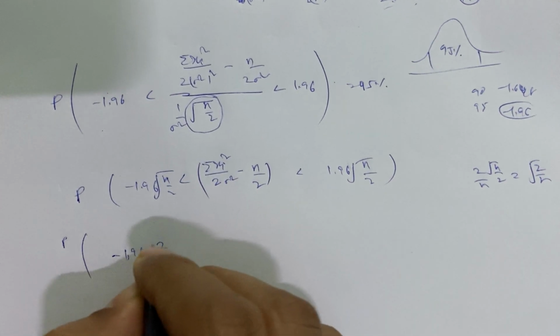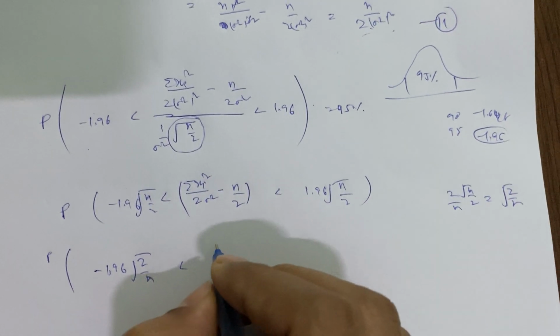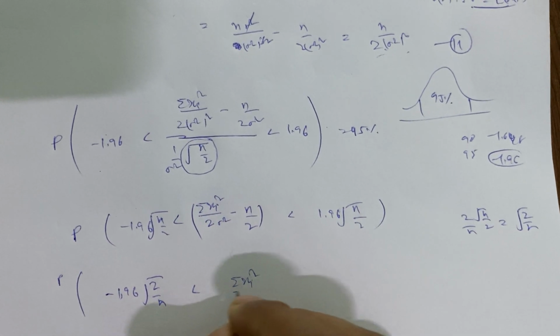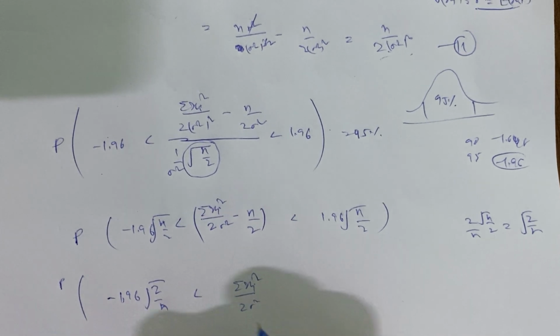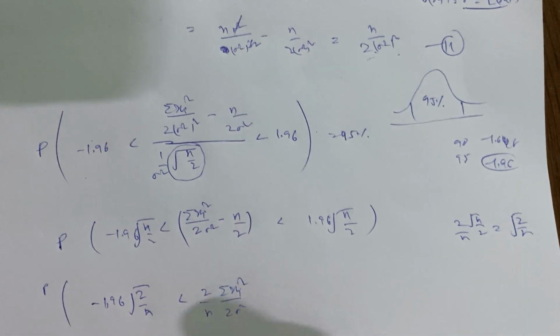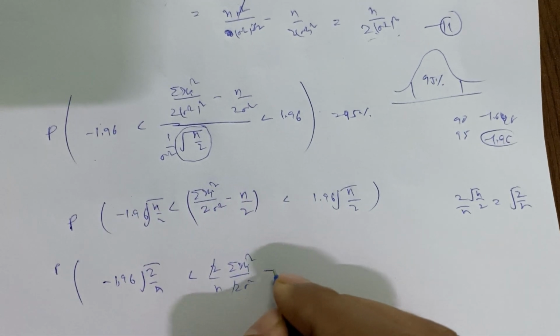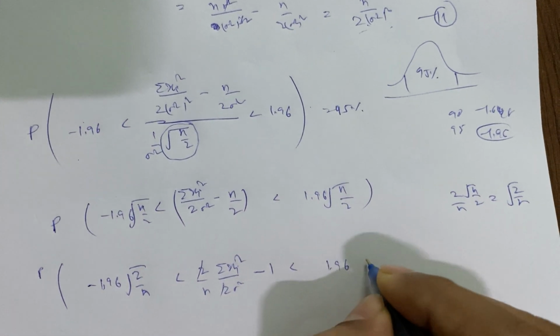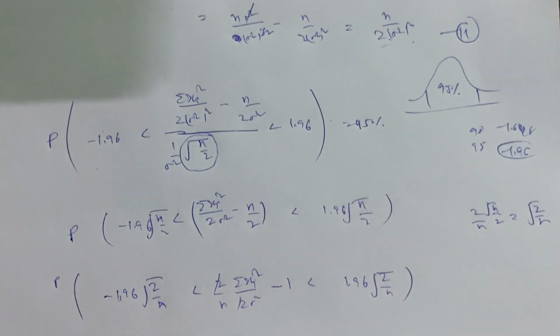So this will just reverse, and here will be summation x square by 2 sigma square, and here will be n by 2. Now 2 will cancel out, and this will be 1. Now 1.96, this will be reversed.